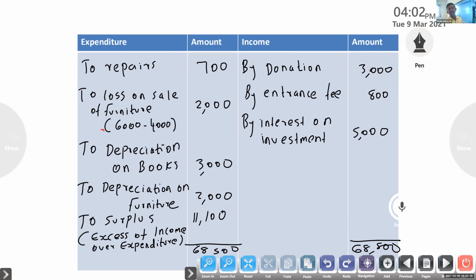If additional information is given, it will be easy to do the opening balance sheet because every opening item is given. Then extra, only opening cash you have to look at. So balance sheet as on 1st April 2016.